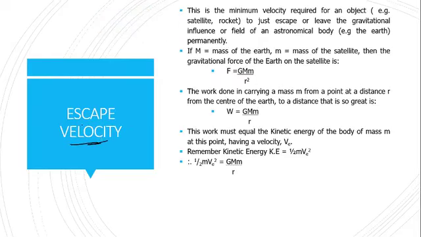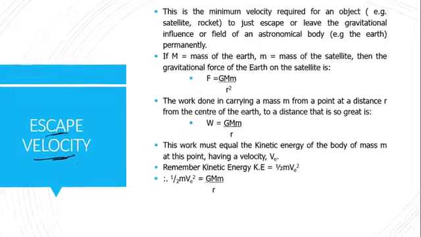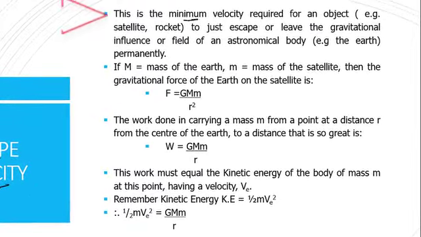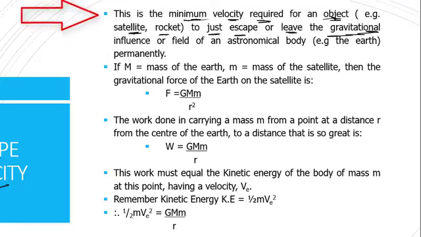Now, what about escape velocity? You may have heard it before, you may not have, but escape velocity simply refers to the minimum velocity required for an object, say for instance a satellite or a rocket, to just escape or leave the gravitational influence or gravitational field of an astronomical body permanently.